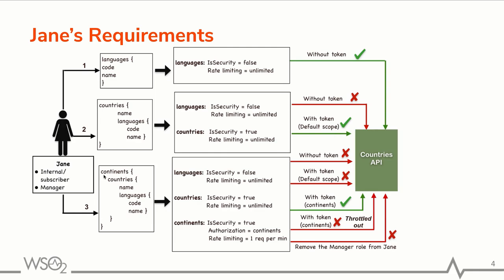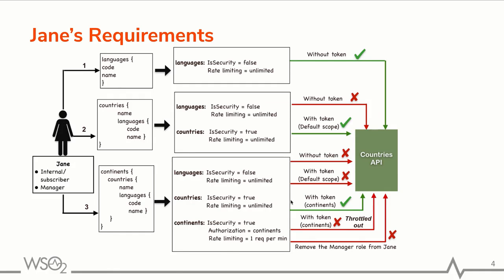As the third requirement, Jane needs to retrieve the name of all continents, the name of all countries in each continent and the code and name of all languages of each country. When Jane tries to invoke the API without a token with the continents scope, the request will fail.